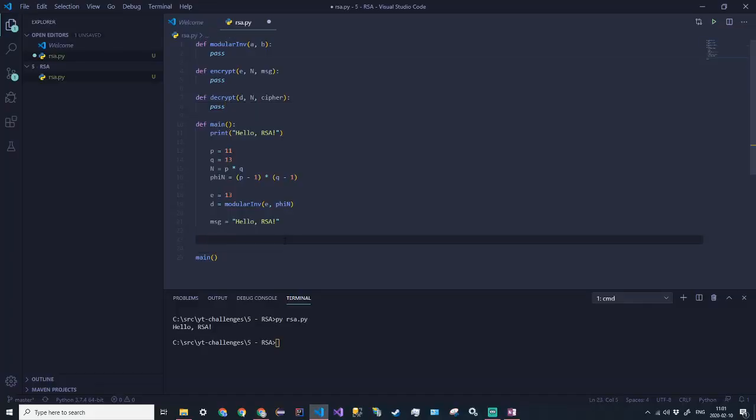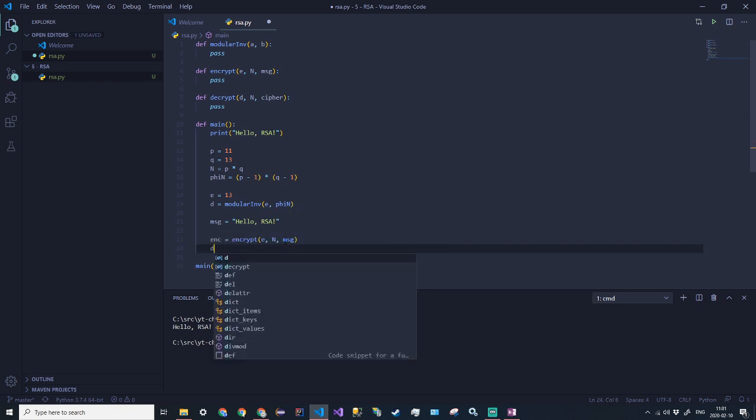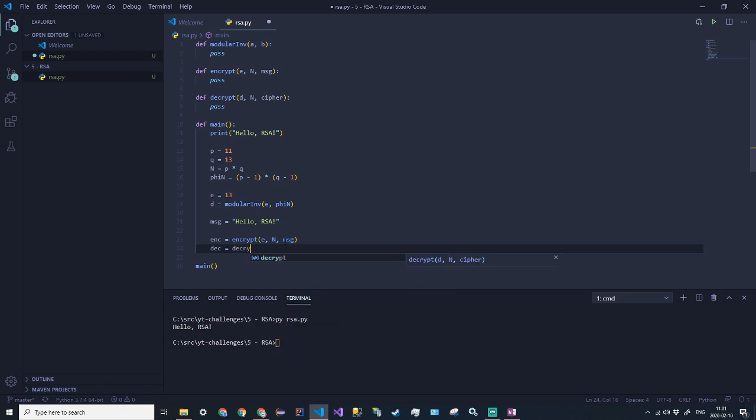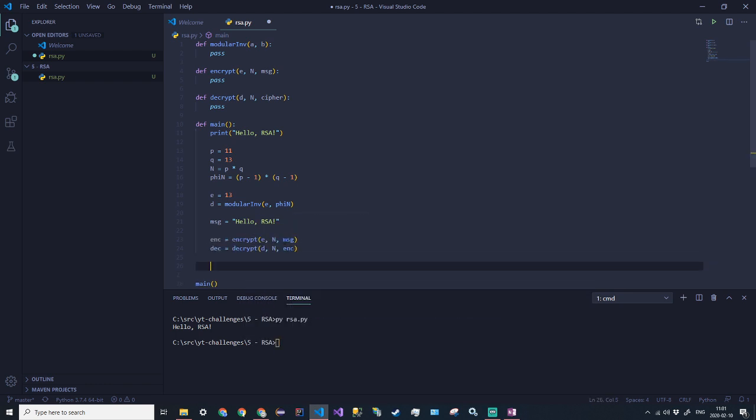Okay. So encrypted is equal to encrypt E and message, and then decrypted is equal to decrypt D and encrypted, and then we'll just print everything out.